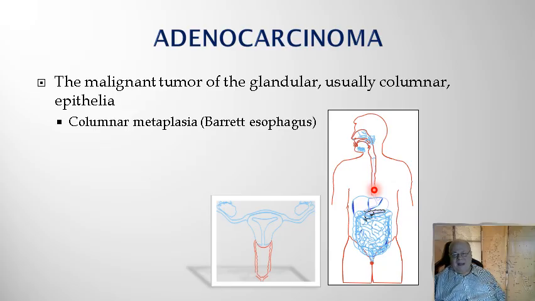And from this Barrett esophagus, which we already discussed is considered to be a pre-neoplastic condition, adenocarcinoma will appear easily and frequently. Otherwise, esophagus not affected by Barrett esophagus will generate squamous carcinoma.